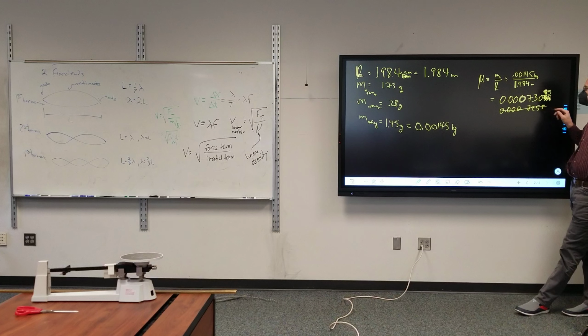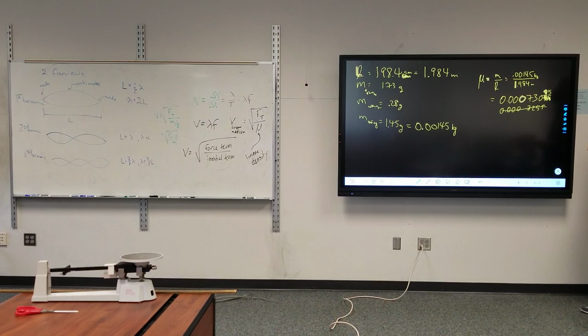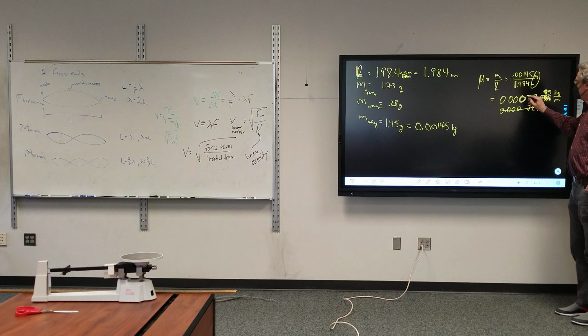That's me. So 0.0073085. All right, units? Kilograms per meter. So kilograms over meters. All right, that is a 0 there.